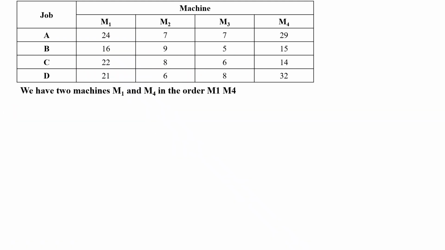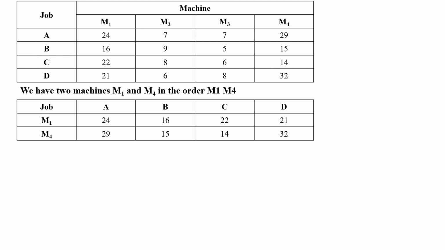Next we find the sequencing of the jobs based on the machines M1 and M4. So write down the machines M1 and M4 along with the processing times. Next we have to draw the optimal sequence table. The size of this table is equal to the number of jobs, so cells in the table is equal to 4.